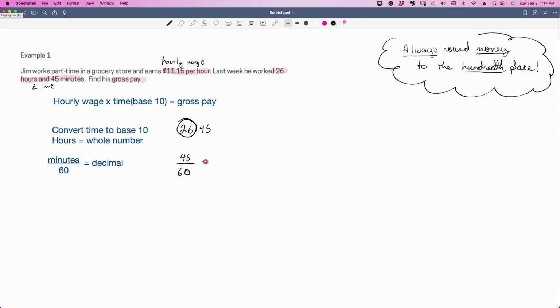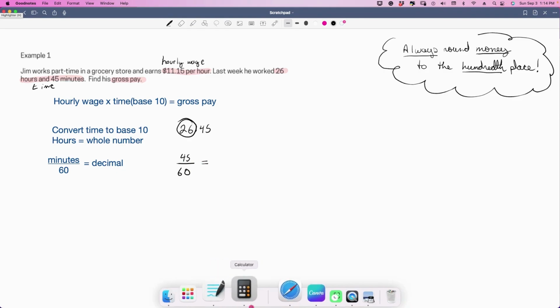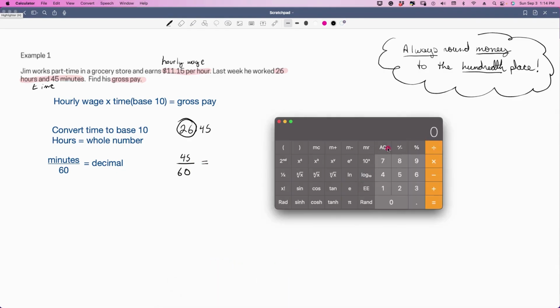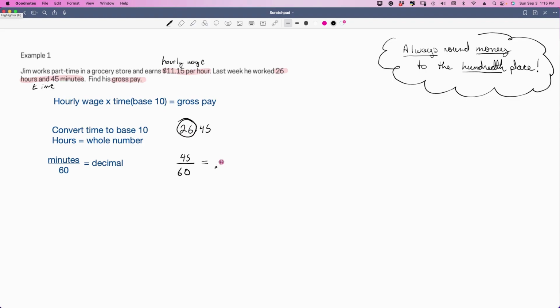We do the division. A fraction is just a division problem, so 45 divided by 60 is going to give us 0.75. We add this to the whole number, 26, and that gives us the total time.